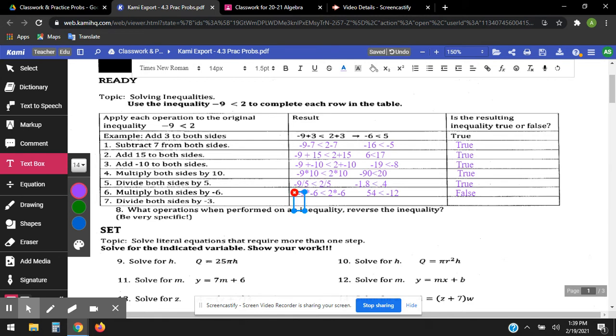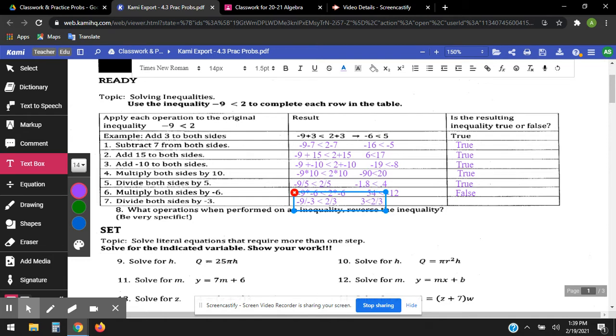Okay, so let's see if that's true with the division too. -9 divided by -3, is that less than 2 divided by 3? -9 divided by -3 is a positive 3. Is that less than 2/3, which I'm just going to leave as 2/3 because that's a fraction?